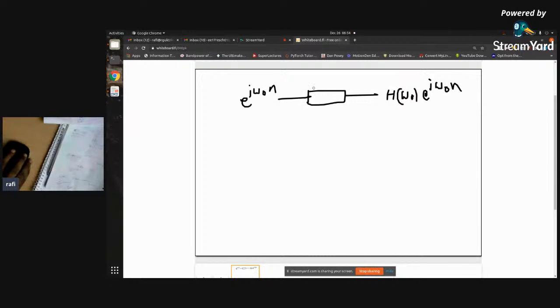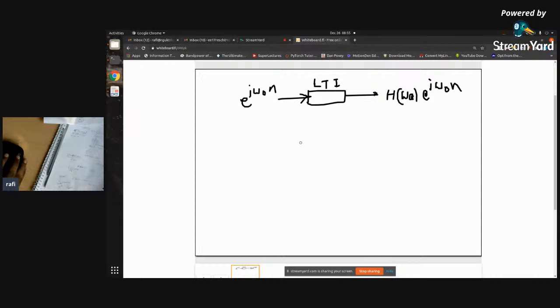This is because the system is LTI, and for every LTI system with real coefficients, the complex exponential is an eigenfunction. This always happens. What is h of omega naught? This is the frequency response of the system at omega equal to omega naught, because we are giving some fixed omega naught here.